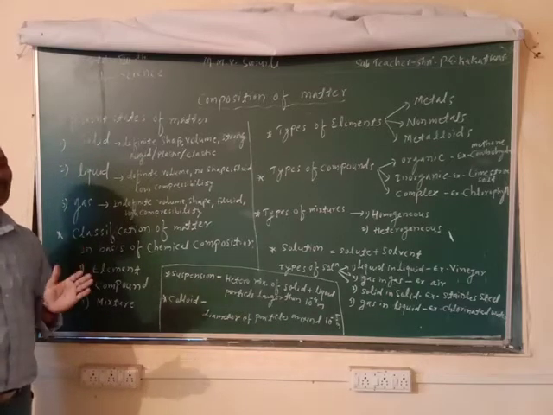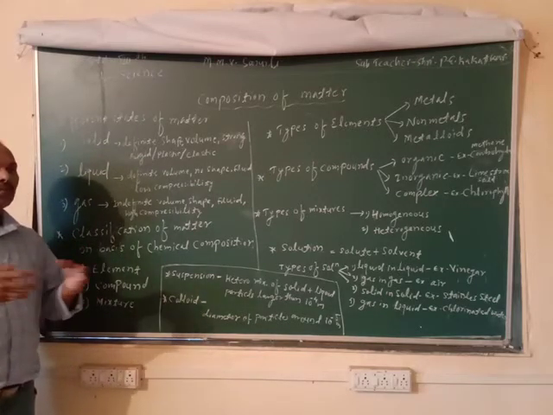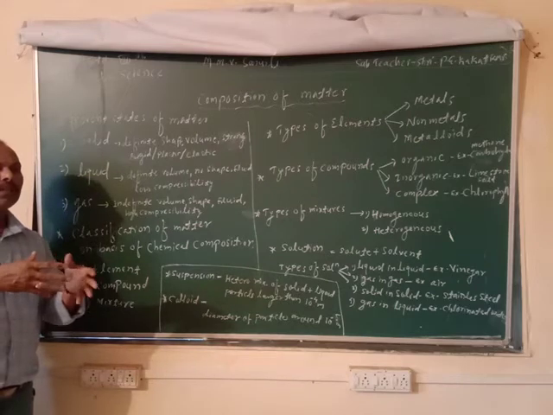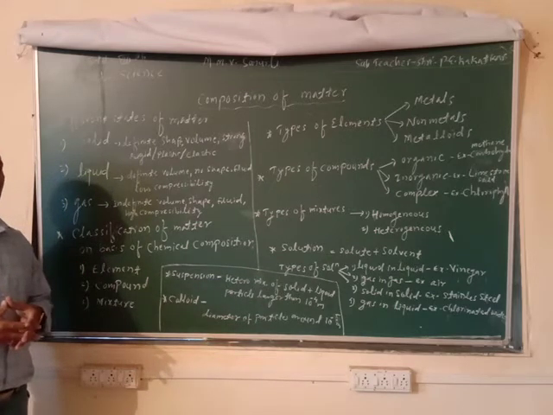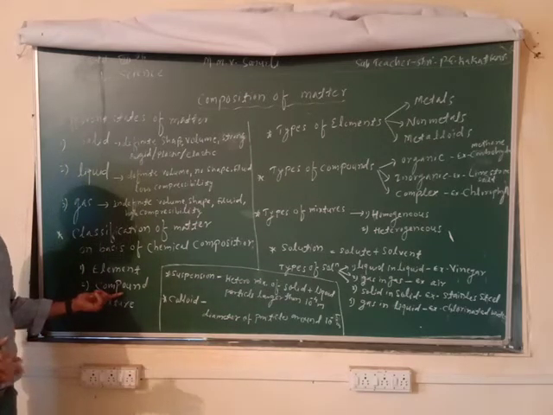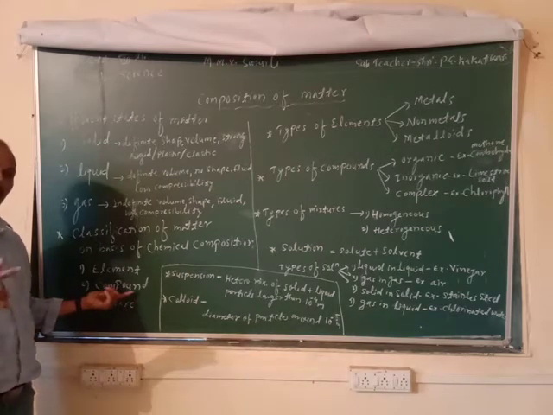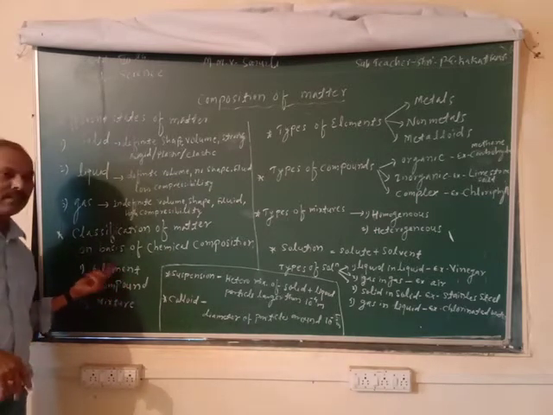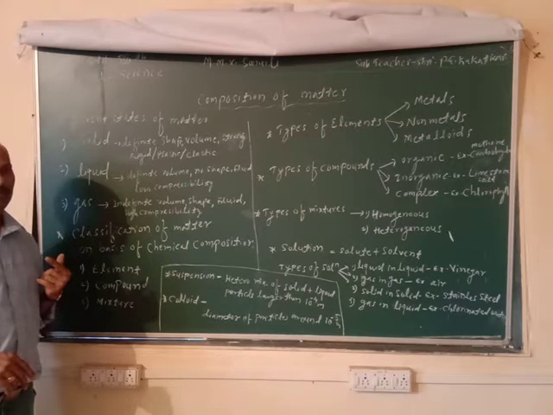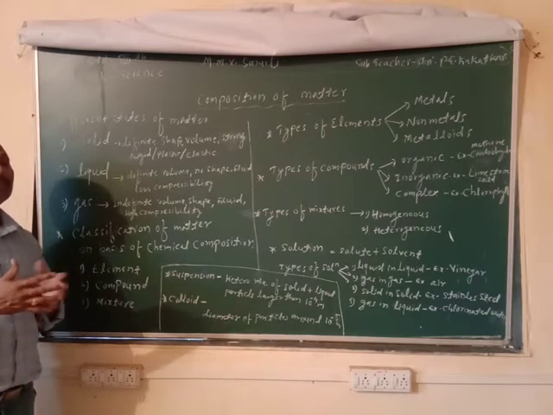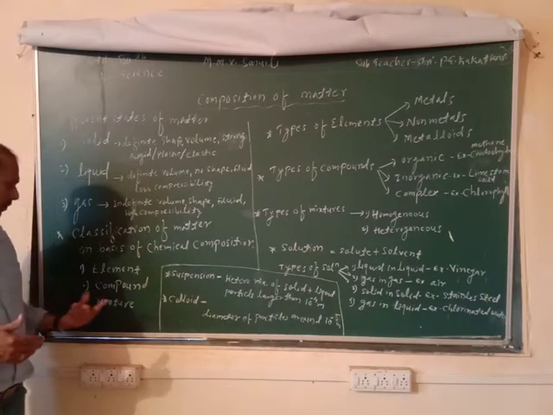When two or more elements come together with chemical reaction, there is a formation of compound. In compound, there are two or more types of atoms that come together in a proper proportion.